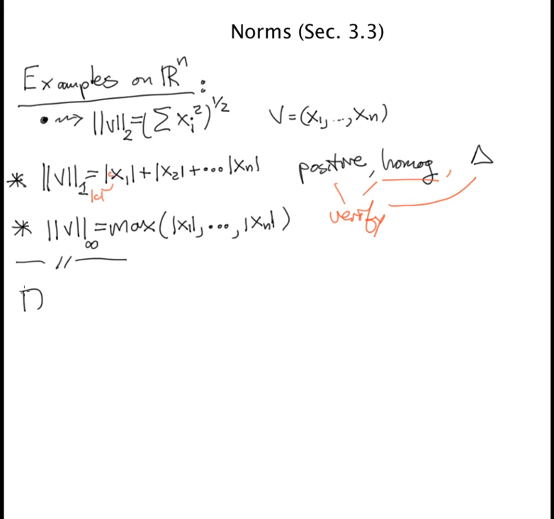And they're all special cases of the p norm, which is you define the norm of the vector sub p is you add up the absolute value of each xi and raise it to the p, and then take the pth root of both sides.